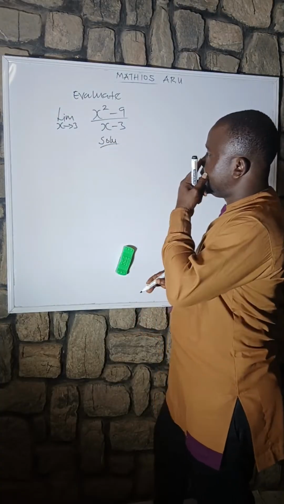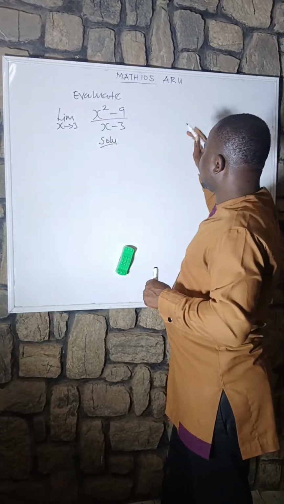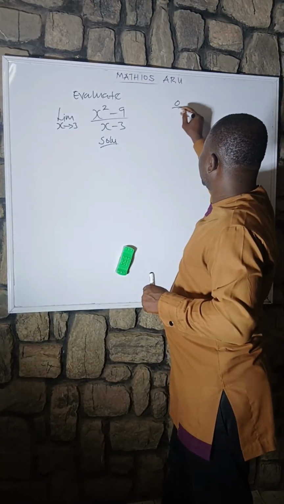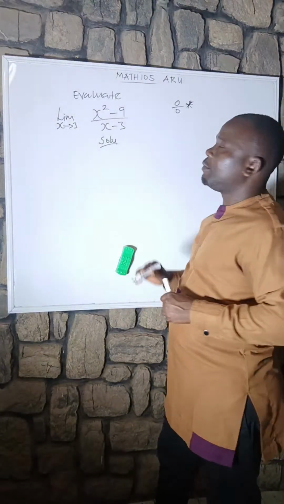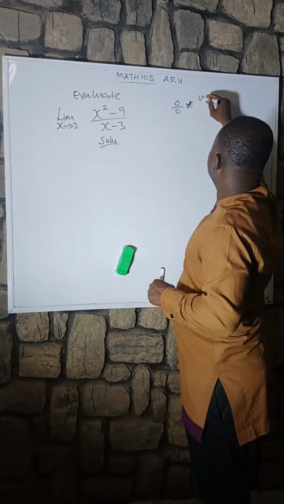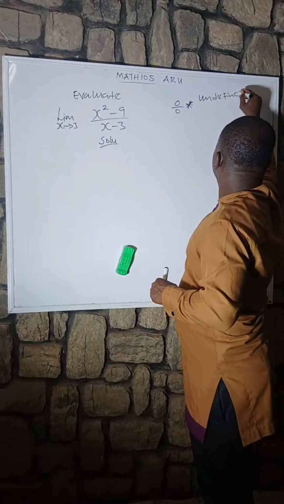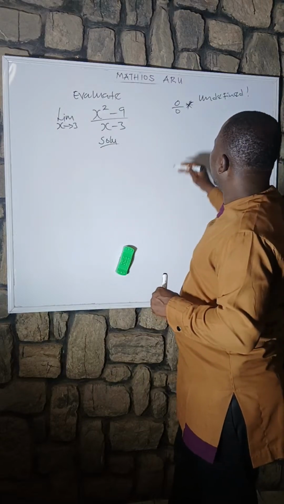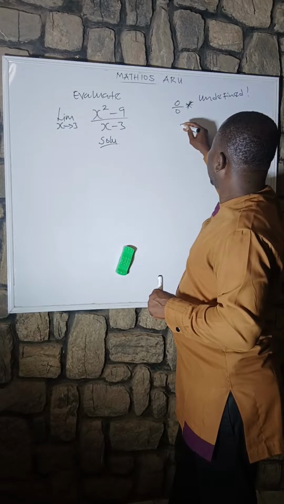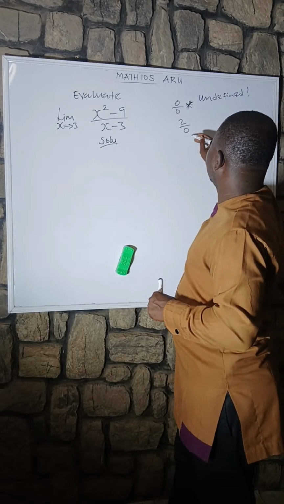You know, after substitution, a limit does not want the answer 0 all over 0. It means this is undefined. Or at the end of the day, maybe you get 2 all over 0.